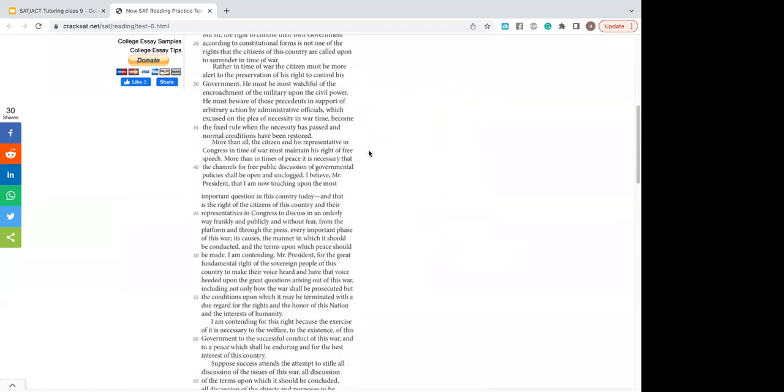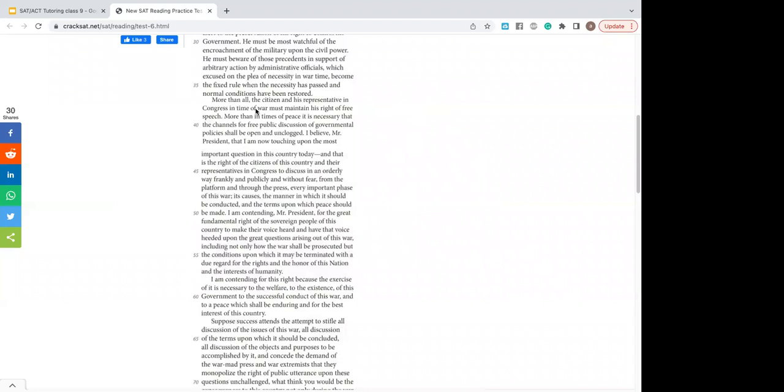Upon the most important question in this country today, and that is the right of the citizens of this country and their representatives in Congress to discuss in an orderly way, frankly and publicly, and without fear, from the platform and through the press, every important phase of this war, its causes, the manner in which it should be conducted, and the terms upon which peace should be made.